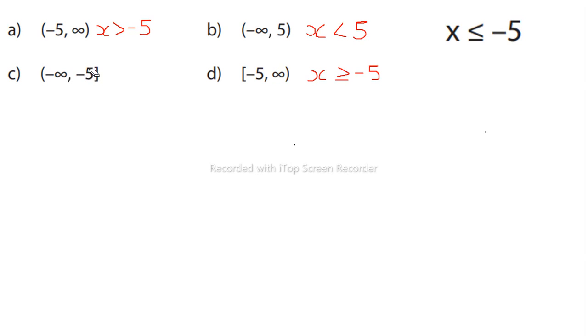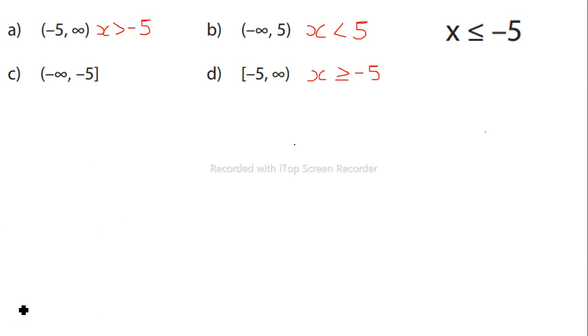Well, C tells us, listen, start at -5. And we are actually including -5, but get increasingly smaller. Start at -5 and get smaller, smaller, smaller, all the way to -infinity.